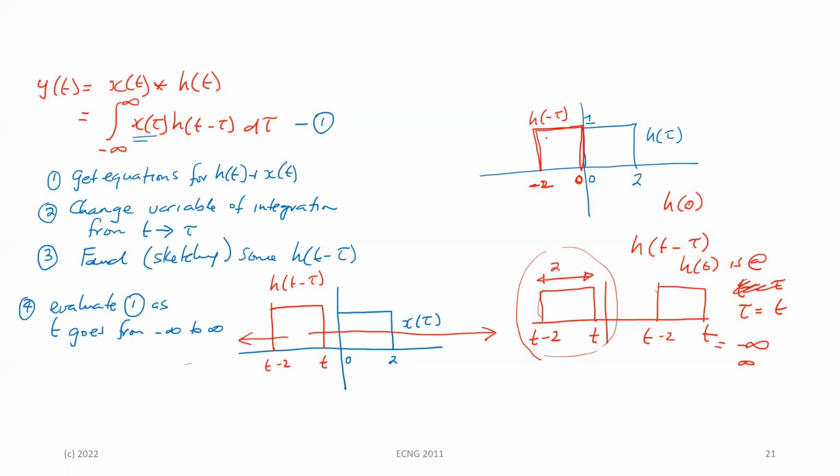h of t minus tau means that I've taken this entire thing and shifted it somewhere along the axis. If I'm talking h of t minus tau, I'm shifting this right or left depending on the value of t. This is the t0 point here.